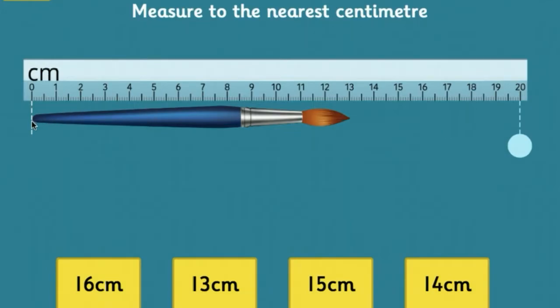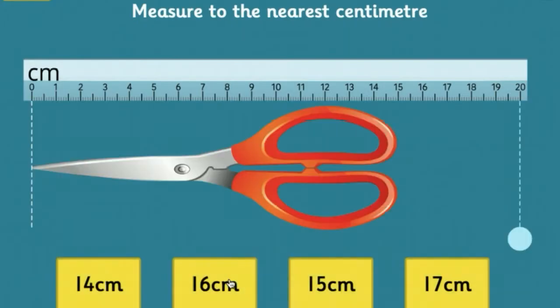So the edge of the paintbrush is lined up to 0 and we'll drag this icon to see just how long it is. And again, just like the pencil, you want to measure the very tip. You don't want to measure in here or down here. Get the very edge of all those bristles. And it looks like this paintbrush is, excellent, 13 centimeters long.